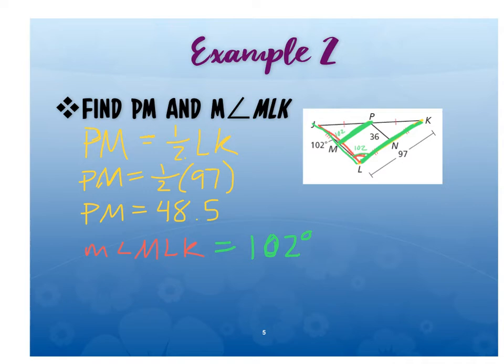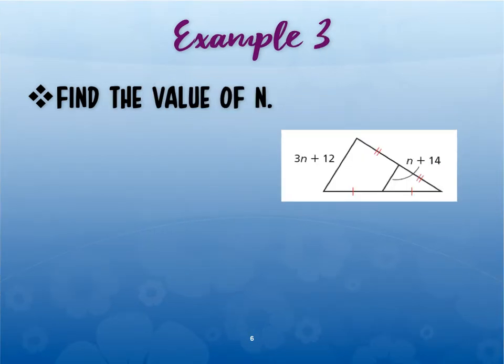Okay, let's take a look at example 3. Find the value of n. So we have a midsegment here and a side of the triangle here. What do we know about the relationship between these two? What is 1/2?